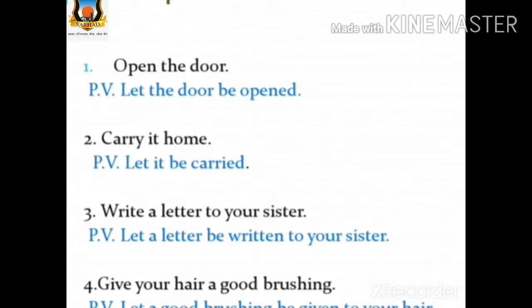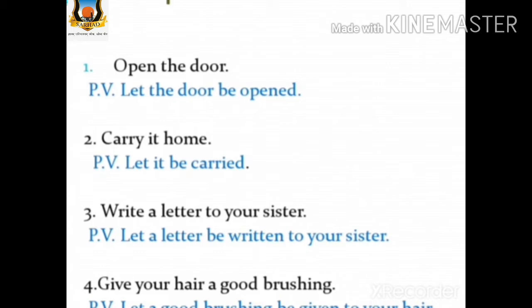So in this way we have transformed the imperative sentences of the active voice into the passive voice. Let us see these sentences one more time. First sentence, open the door. In this sentence, open is a verb, the door is an object. According to the formula, let plus object plus be plus V3 of the verb, it comes: let the door be opened.